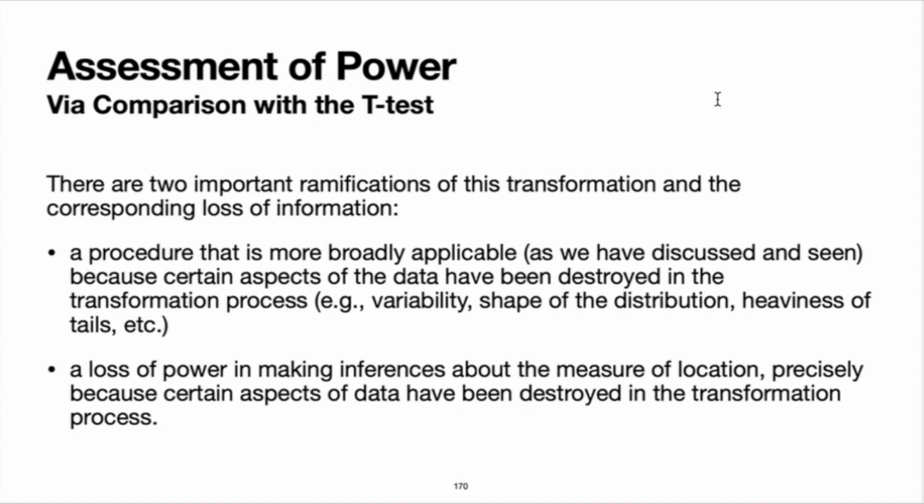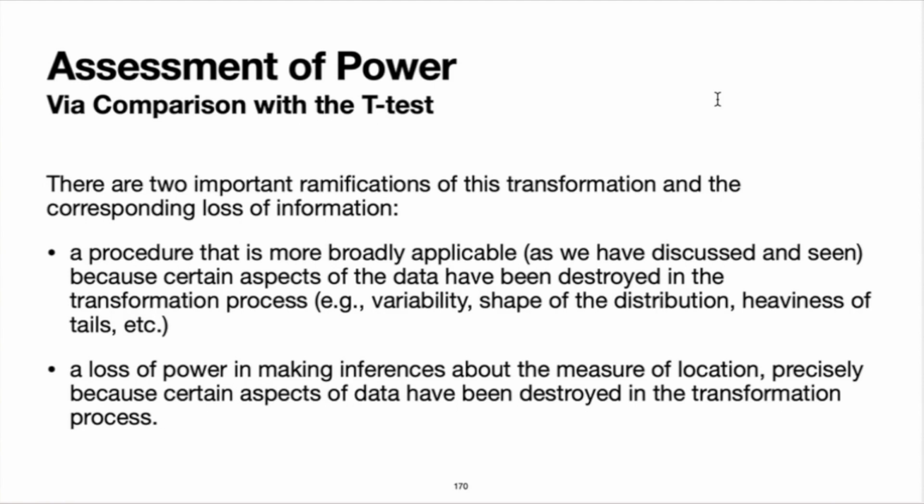All right, so there are two important ramifications of this transformation and the corresponding loss of information. Number one, we get a procedure that is more broadly applicable, as we've discussed and seen. Remember, we said that we can apply this procedure about testing hypotheses about population medians in all sorts of situations when a t-test would not be appropriate, for example, when the data are highly skewed or when they've got heavy tails.